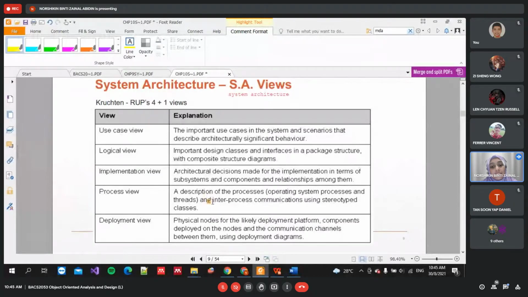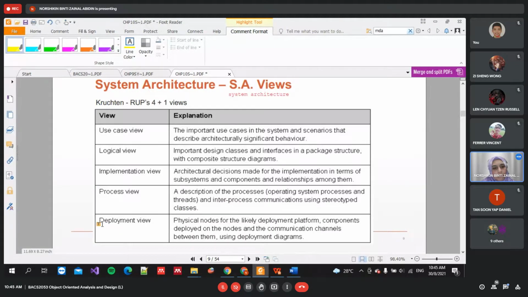When there is the term inter, it means it only happens inside. Inter-process communication, so inter is only like Alvin said, inside the group. Communication using stereotype classes, so inside the classes, communication between them.